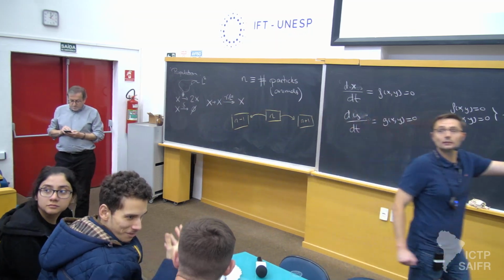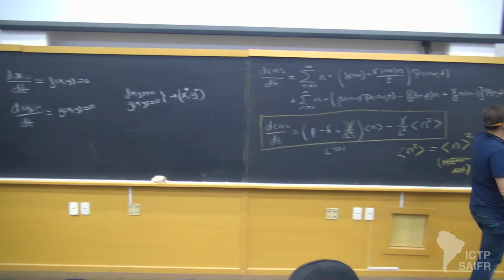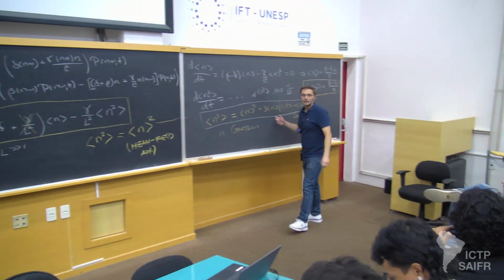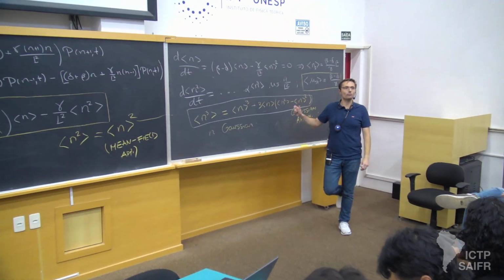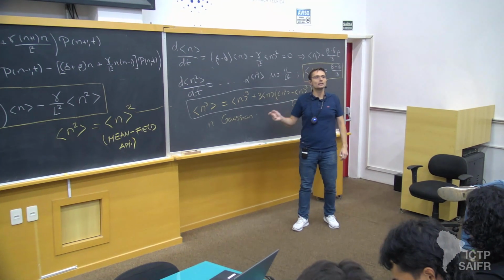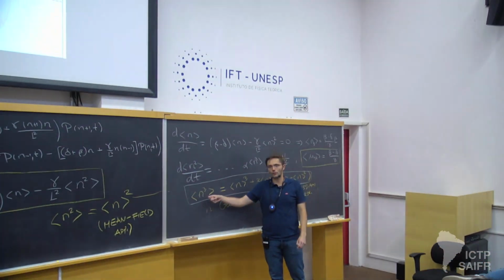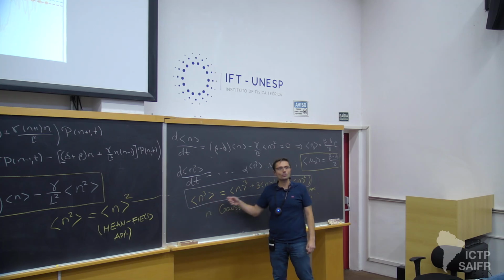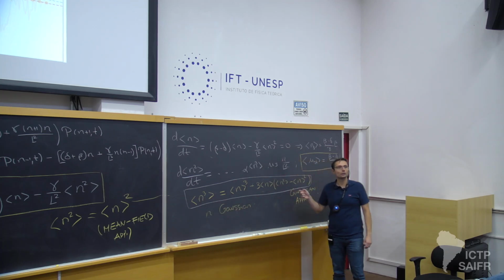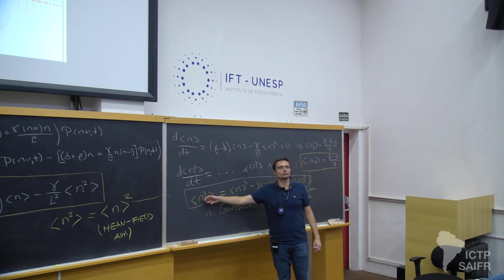This one? So this is, if I assume that my random variable follows a Gaussian distribution, the relationship that connects the third moment of a Gaussian distribution with the first and the second. The approximation is to assume that n is Gaussian.